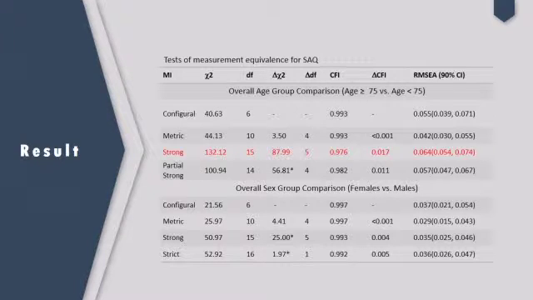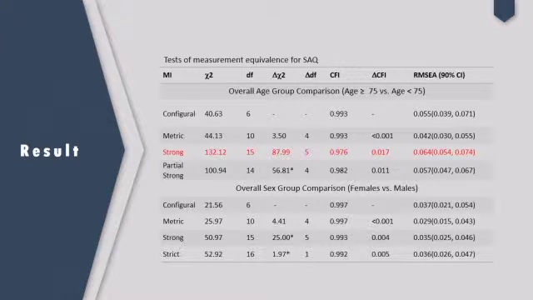If you look at this side, when I was mentioning the condition, if it's less than minus 0.01, here the difference between these gives negative 0.017, which is actually less than minus 0.01. Because we could not meet strong invariance, we relaxed the parameters to meet partial strong invariance, and then we have 0.011.